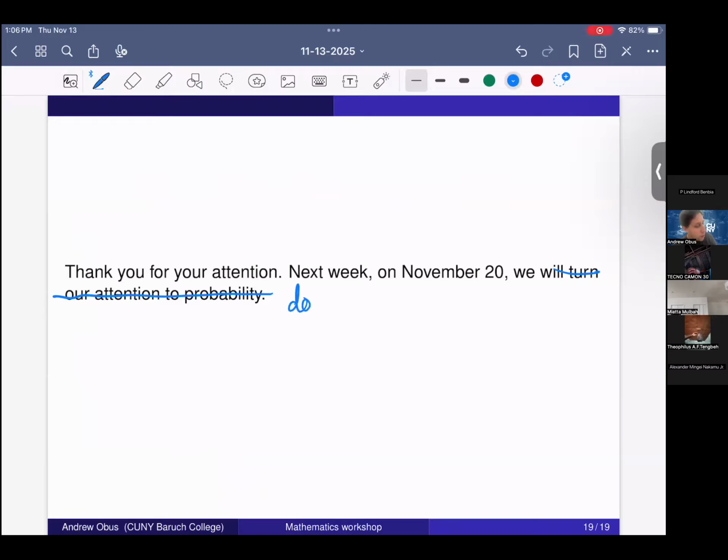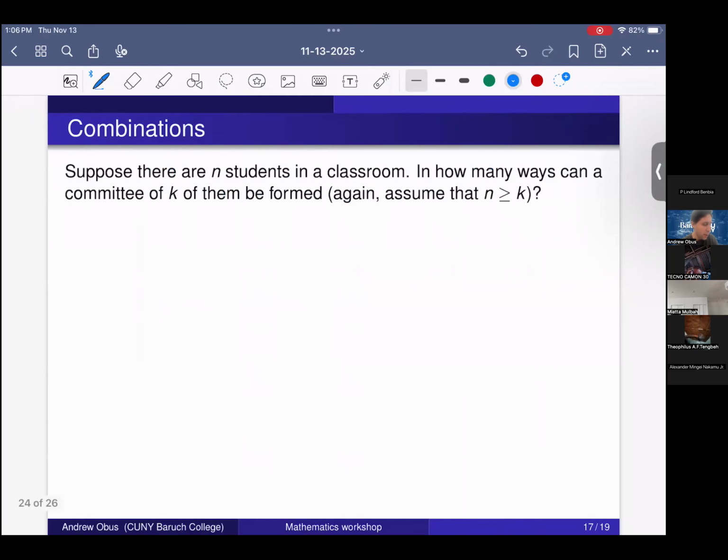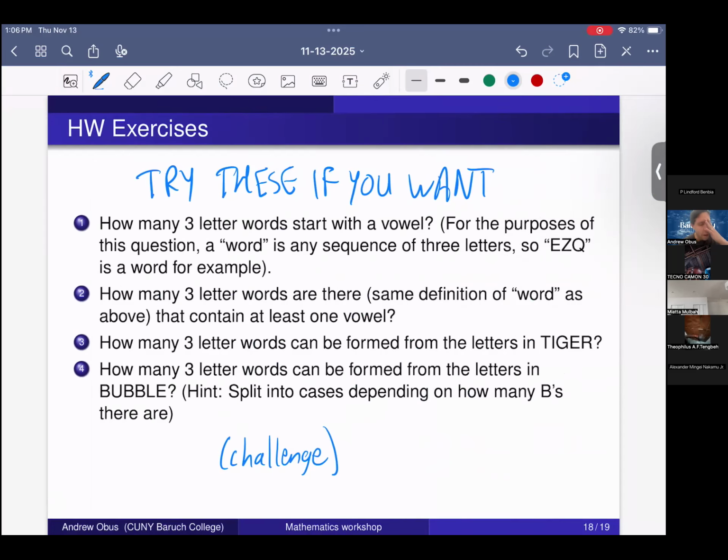Next week, we will do more combinatorics, including permutations and combinations. And when I send out the notes, I won't send out this extra stuff that we're skipping. I'll take some pages out of the notes before I send it out.